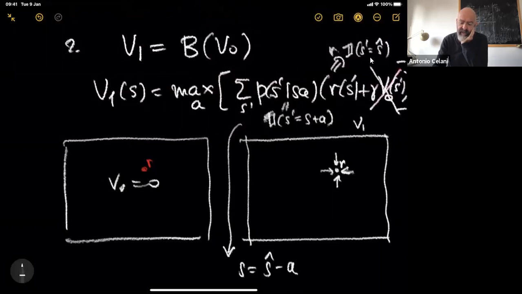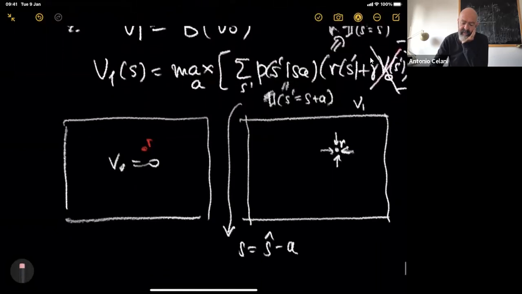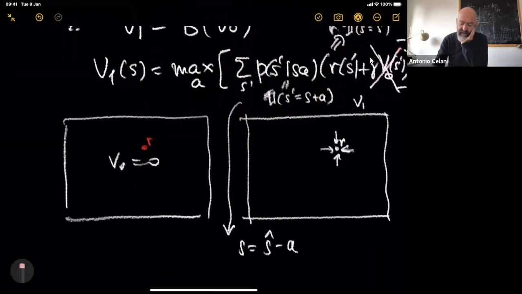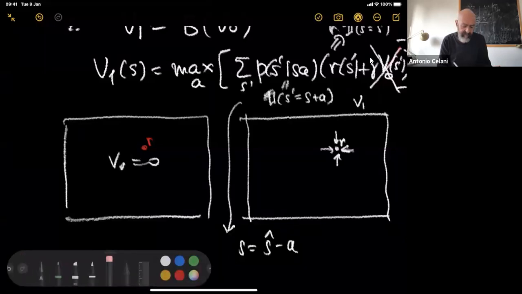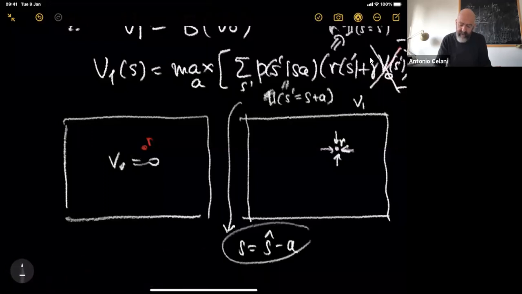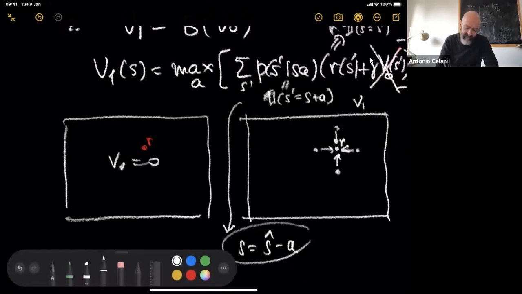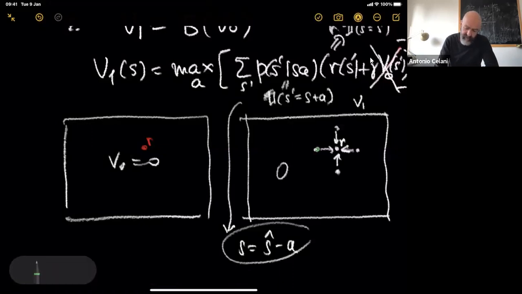If you combine these two, this means that S must be S hat minus A. So the only entries that can contribute on the left are these ones, and these are the ones from which you can get to the target. So at your next step, your V1 will be 0 everywhere, except on these points here.